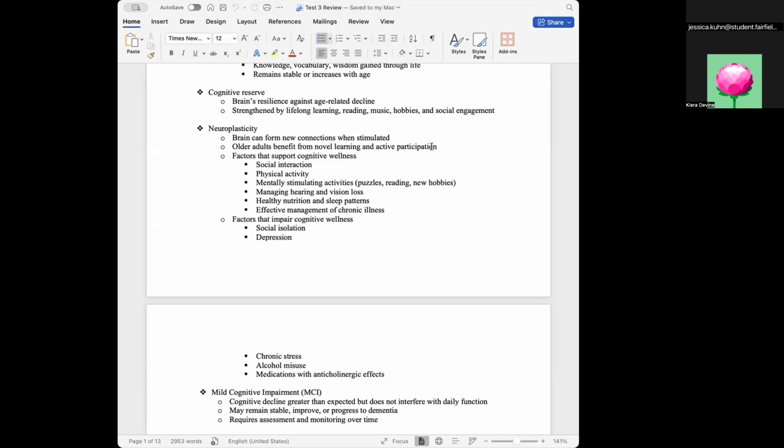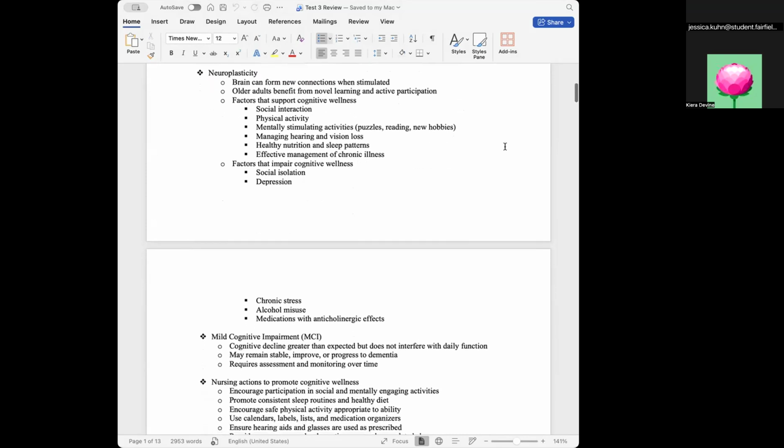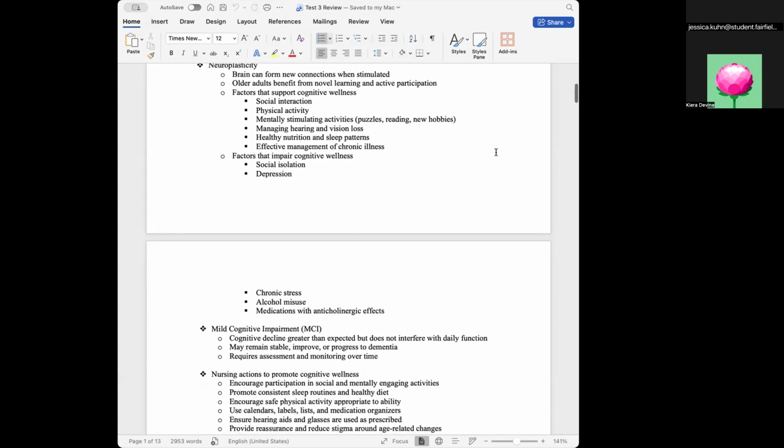It's just the ability to rewire or form new connections when you're stimulating your brain in a different way. And that really boils down to mostly your thought processes and thought patterns; their neural pathways are absolutely malleable.